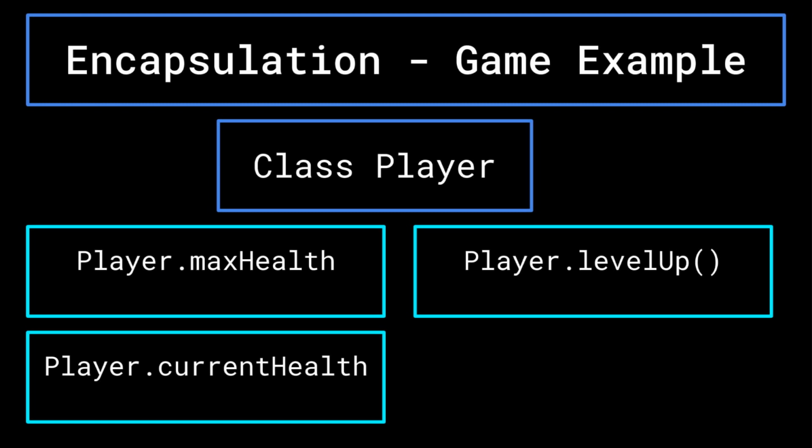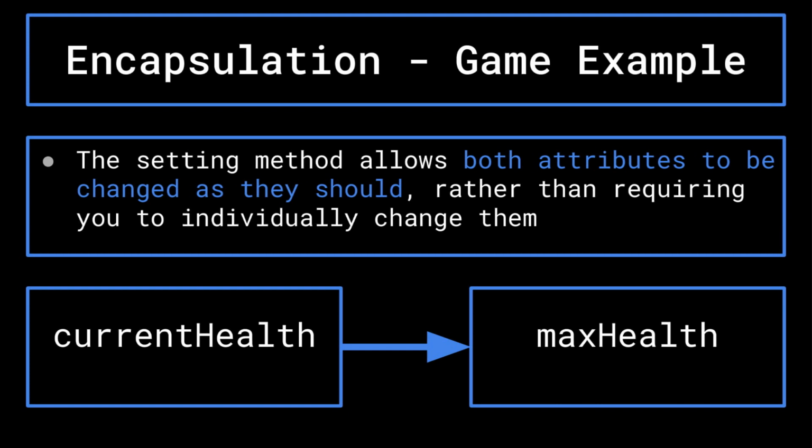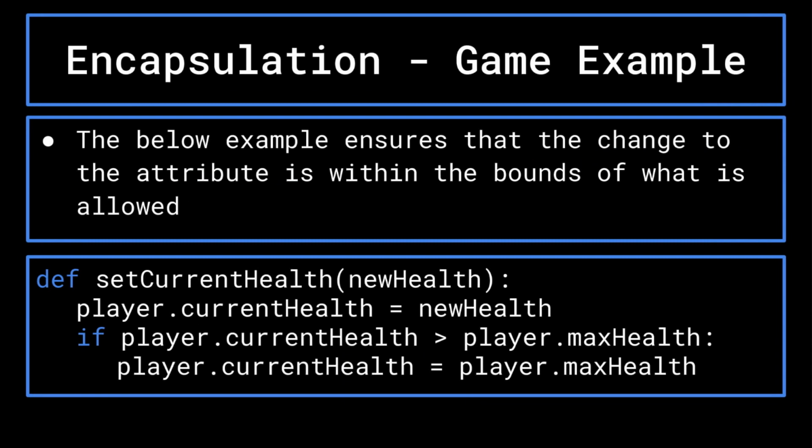Instead of changing both of these values directly, I could define the setMaxHealth method such that the current health is also set to the maximum health once the maximum health has increased. Furthermore, these setting methods allow values to be validated. For instance, if current health is not able to exceed maximum health, then I would have the setCurrentHealth method check if current health would be greater than maximum health before making the change.